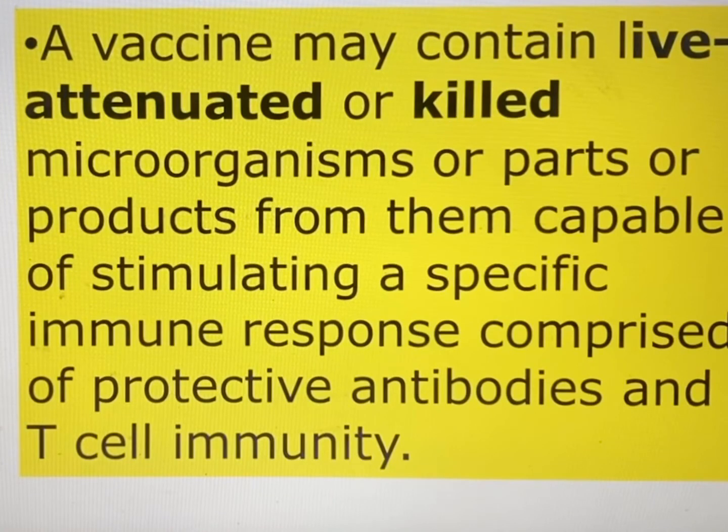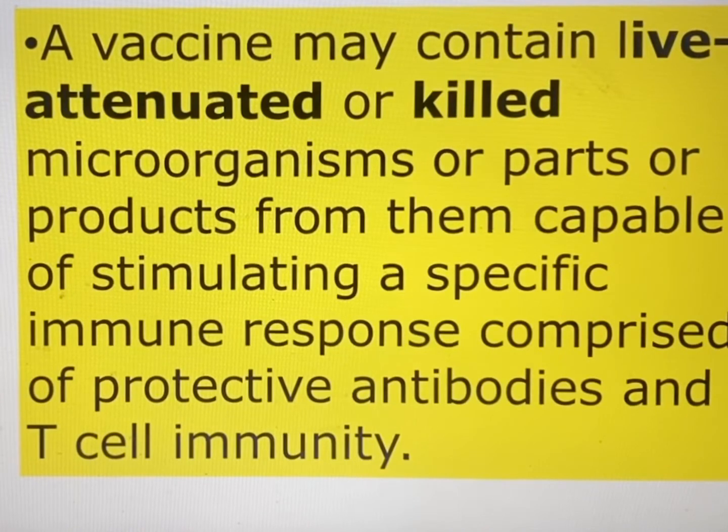However, a vaccine may contain live attenuated or killed microorganisms, or parts or products from them, capable of stimulating a specific immune response, which comprises protective antibodies and T-cell immunity.